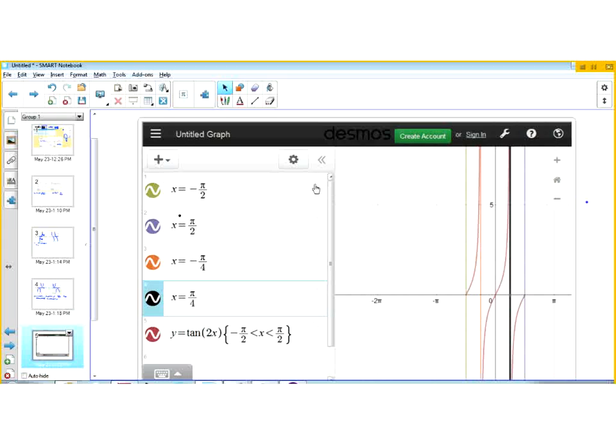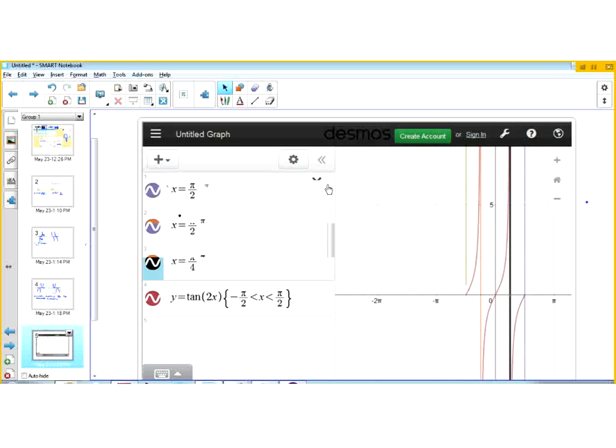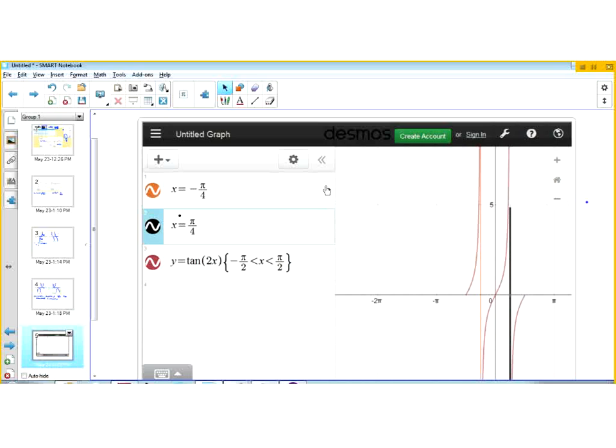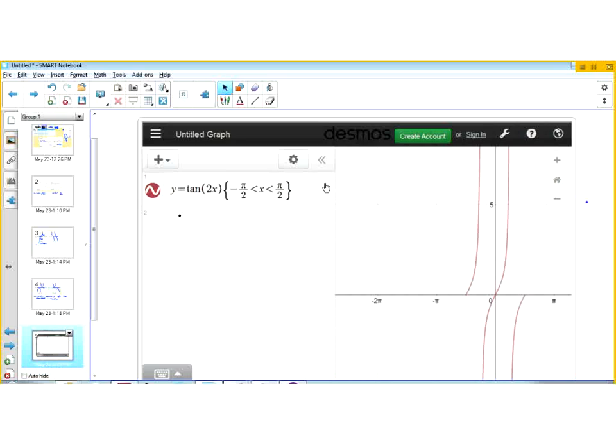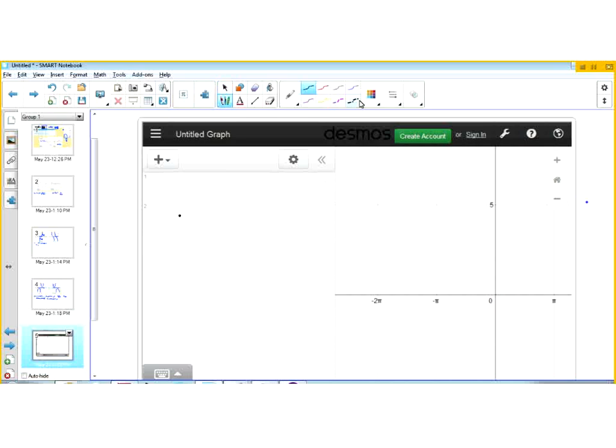Now let's consider a shift of the tangent function. Let's work on the graph for y is equal to 2 times the tangent of x minus pi fourths.